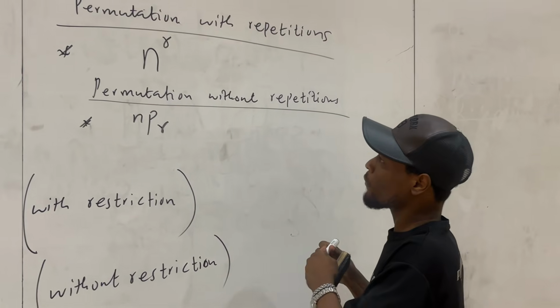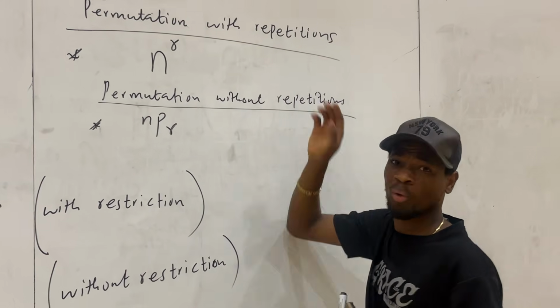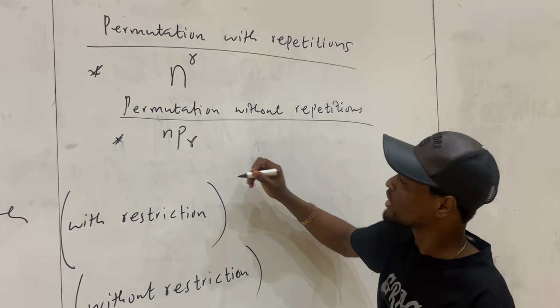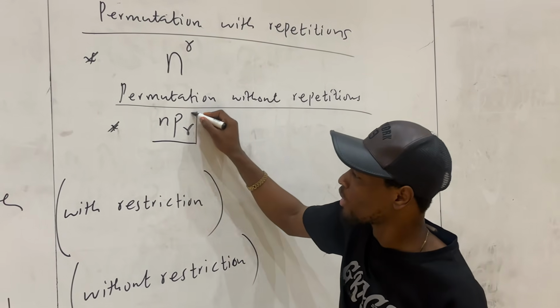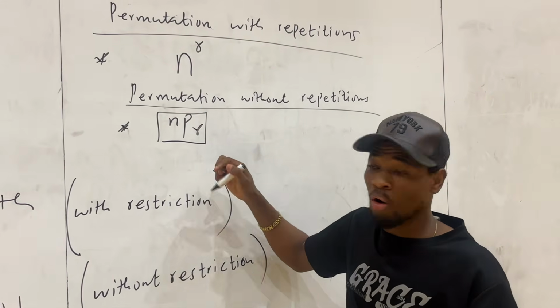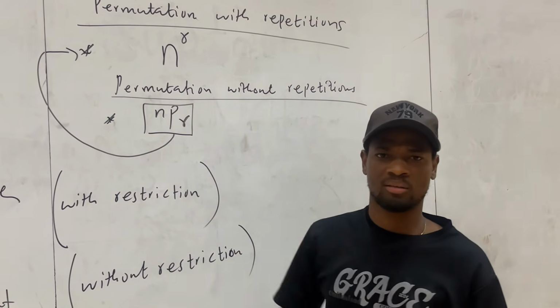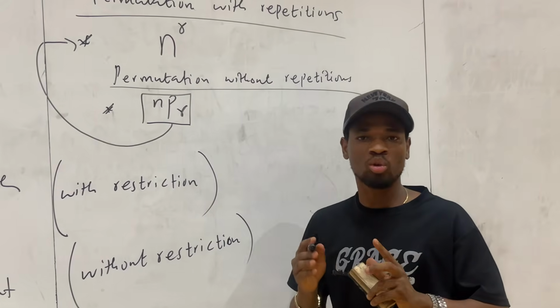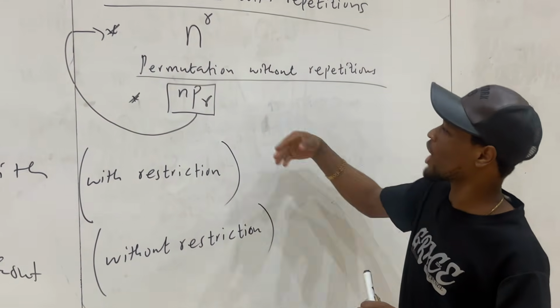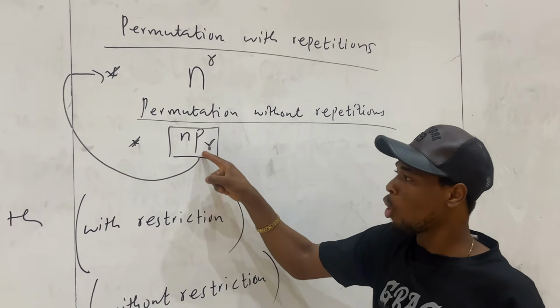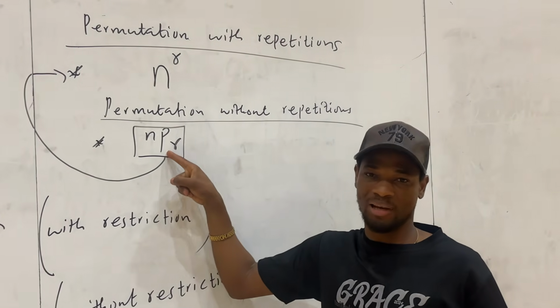So whenever you have permutation with repetition, what it means is that the formula we already know, which we've been using all this while, will be transformed to this. So viewers, please take note of this. Permutations without repetition, we will go by this formula.